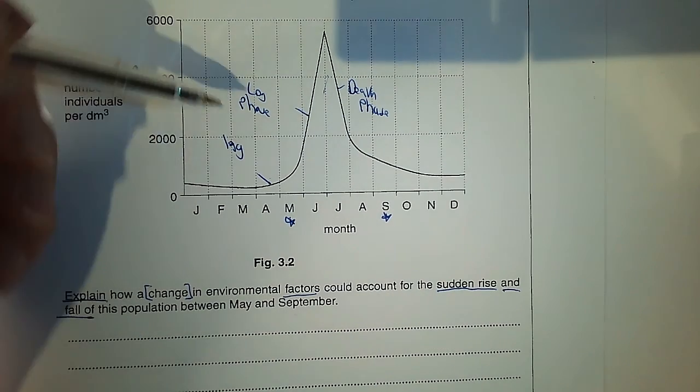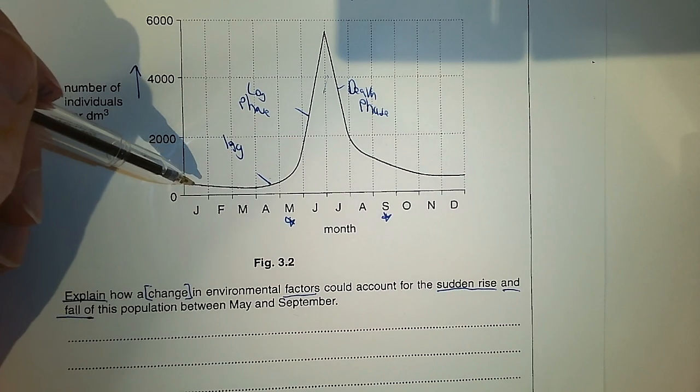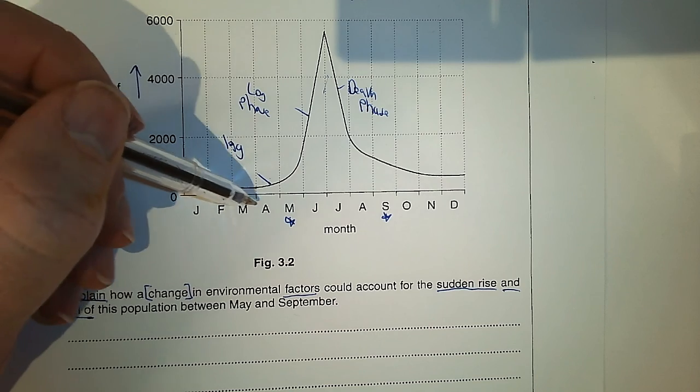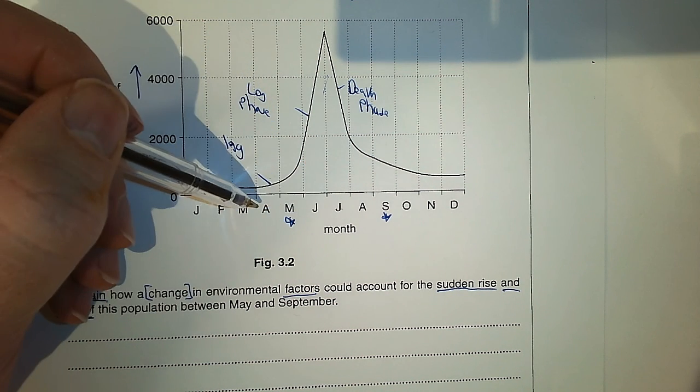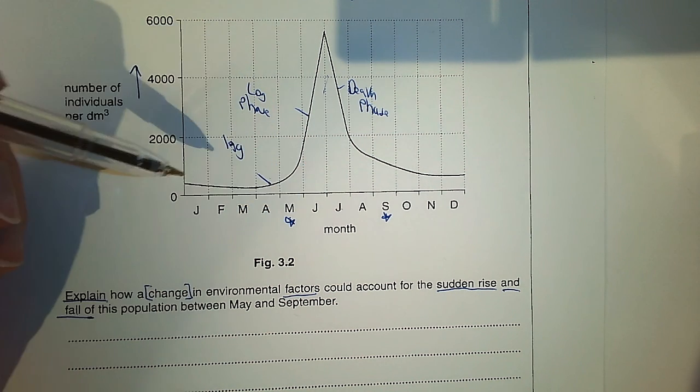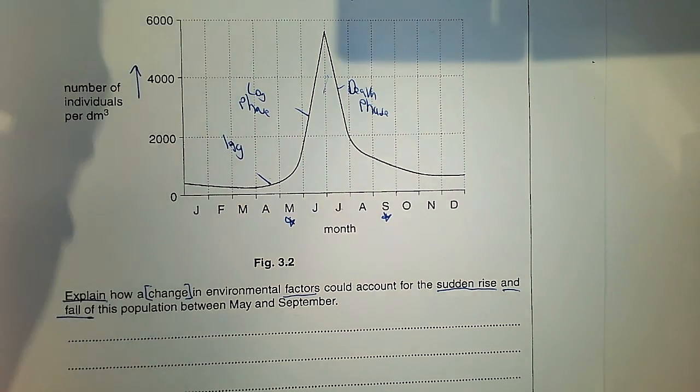So as we're looking at this, as we go through the months, April, May, June, July, temperatures in those months generally is increasing.